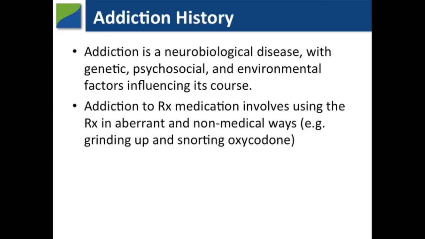So it's generally believed that a patient with a history of addiction in this sense, when presenting in the medical setting, if prescribed a medication which is potentially habit-forming, they could begin using that medication in aberrant ways as well.